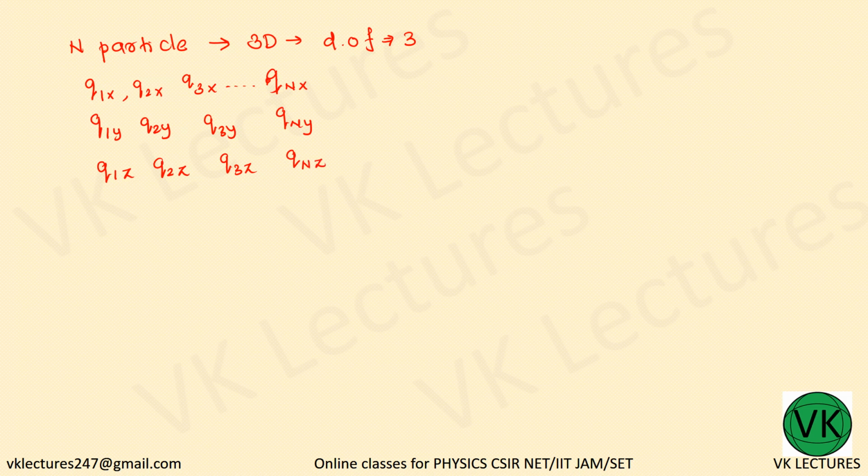So here you get how many numbers? This is n number, 1, 2, 3, etc. up to n, again 1, 2, 3, etc. up to n. So you have 3n number of position coordinates.